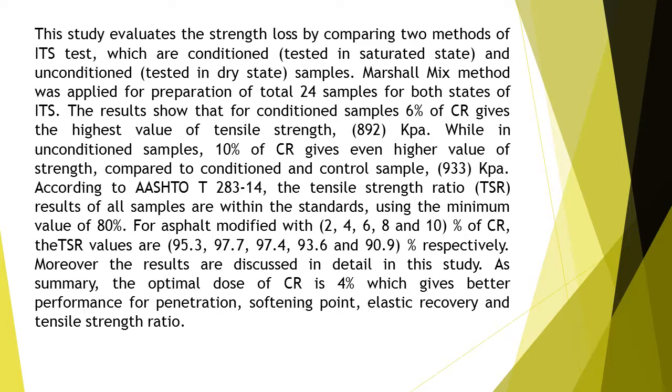For asphalt modified with 2, 4, 6, 8 and 10% of CR, the TSR values are 95.3, 97.7, 97.4, 93.6 and 90.9% respectively. Moreover, the results are discussed in detail in this study.